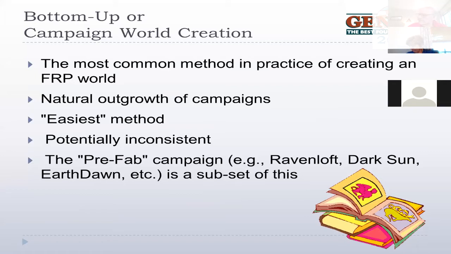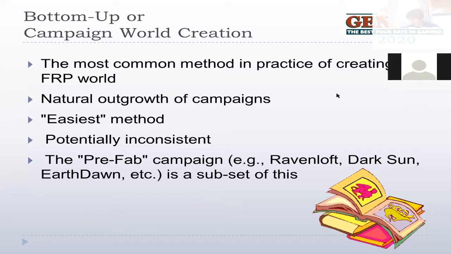And the way it works is you add things as the characters move from one adventure to another. We'll talk in subsequent charts about the specifics of it, but I wanted to give you a little bit of an overview first. Again, it's probably where almost everybody starts. It's relatively easy, but it can be inconsistent. We'll talk a little bit more about that.